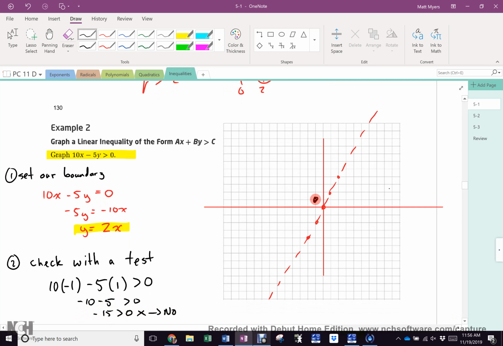Everybody okay with that? That's 6, 0, right? So, 10 times 6 minus 5 times 0 is 60 greater than 0? Yeah. So this point is part of the solution, so I've shaded it correctly. Does everyone understand?